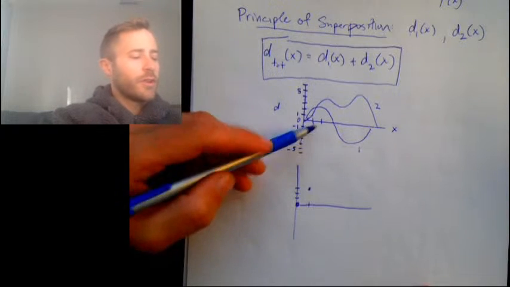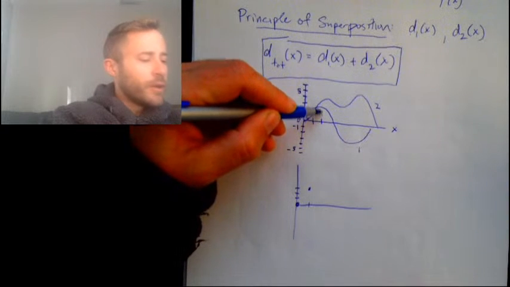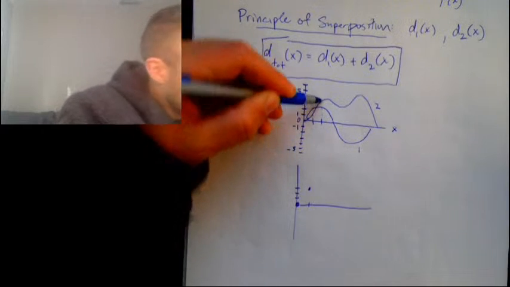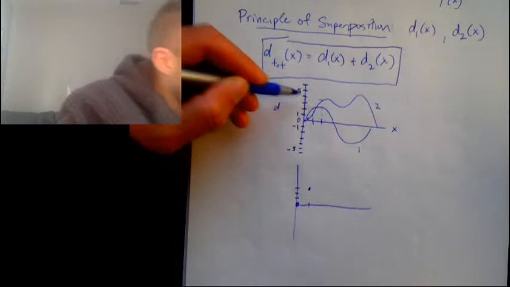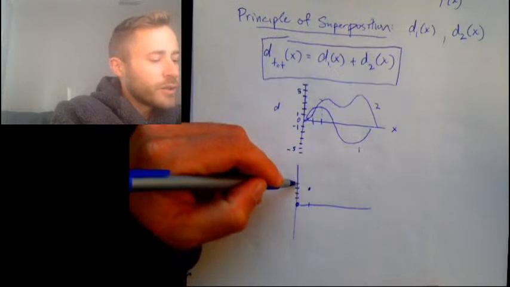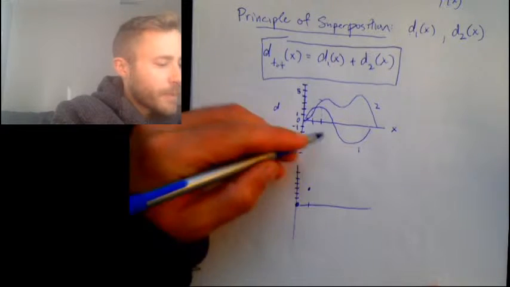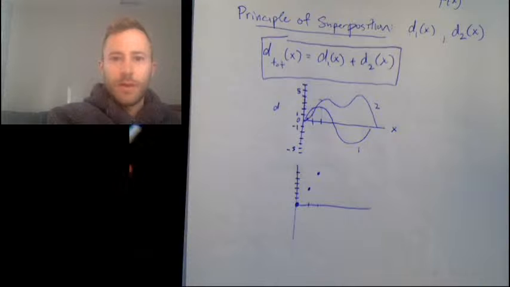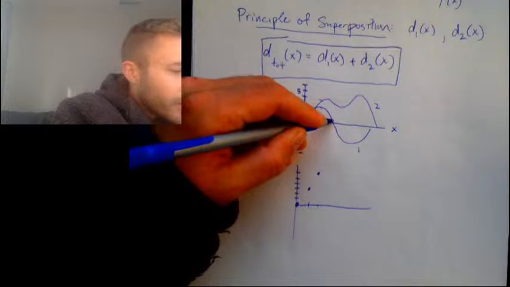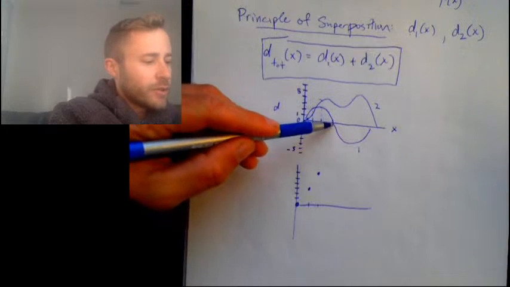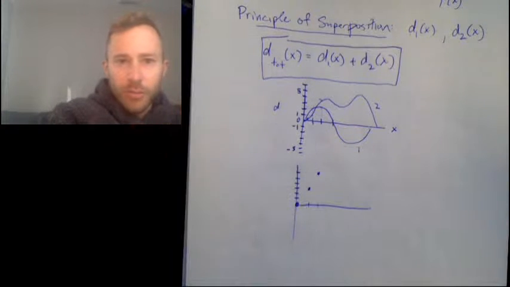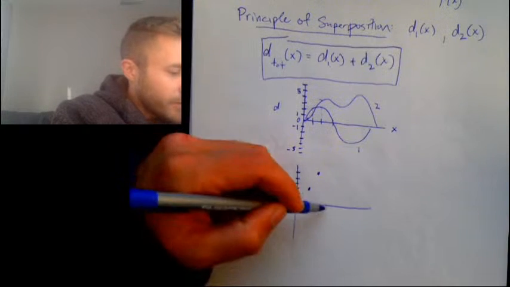If I look at this location, wave 1 is approximately equal to 2. Wave 2 is approximately equal to 4. 2 plus 4 is 6. If I look at this location, wave 1 is equal to 0, wave 2 is equal to 3. 0 plus 3 is 3.